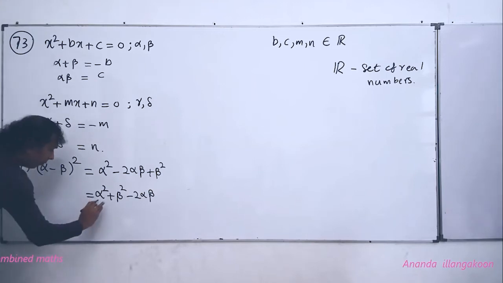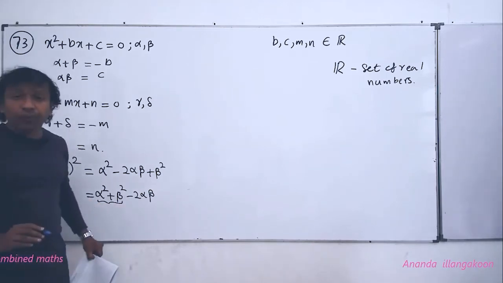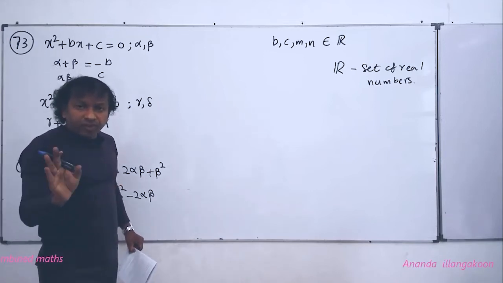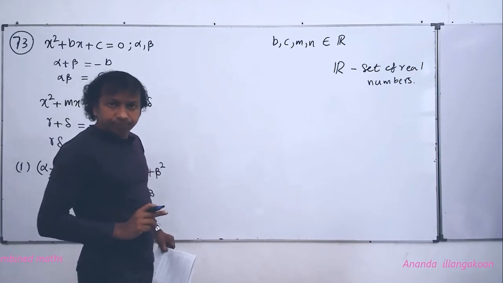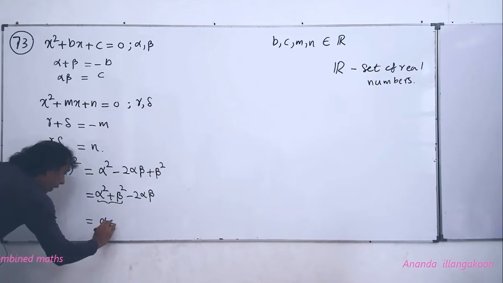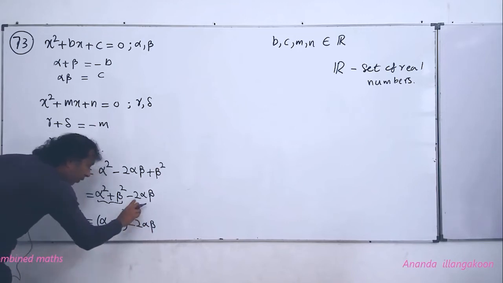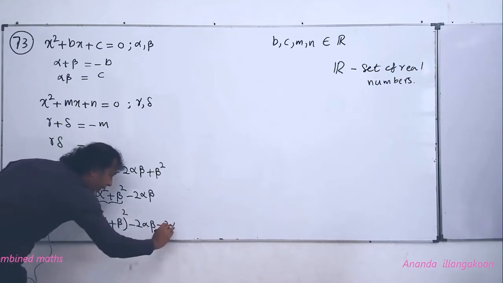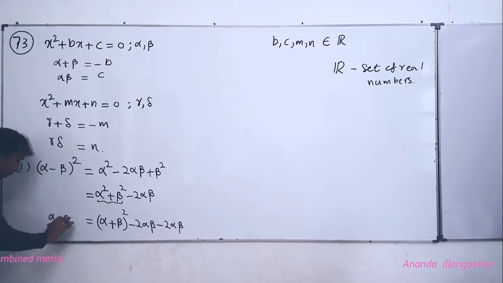But can you remember we wrote alpha squared plus beta squared as how? Huh? (Alpha plus beta) perfect squared minus 2 alpha beta. Go through your notes. Right. So then we can write this alpha squared plus beta squared as (alpha plus beta) perfect squared minus 2 alpha beta. And this minus 2 alpha beta, we write separately like this. Right? Okay. Then this is the (alpha minus beta) perfect squared.